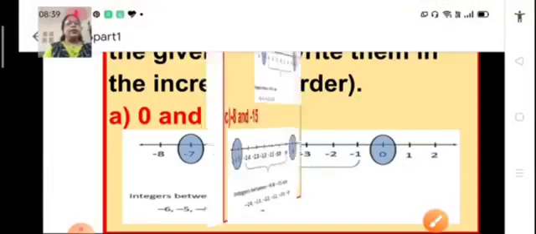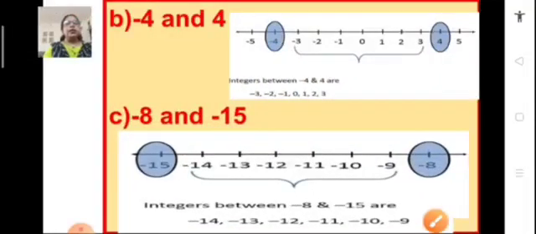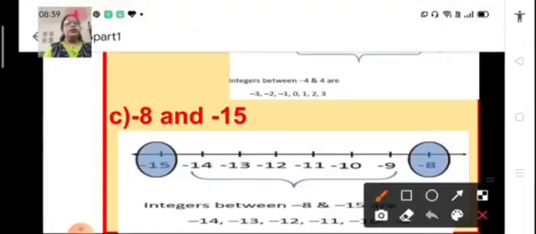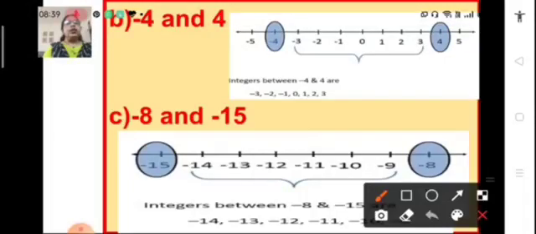Next pair is negative 4 and positive 4. So what are the integers between negative 4 and positive 4? They are negative 3, negative 2, negative 1, 0, 1, 2, 3. They are in increasing order.